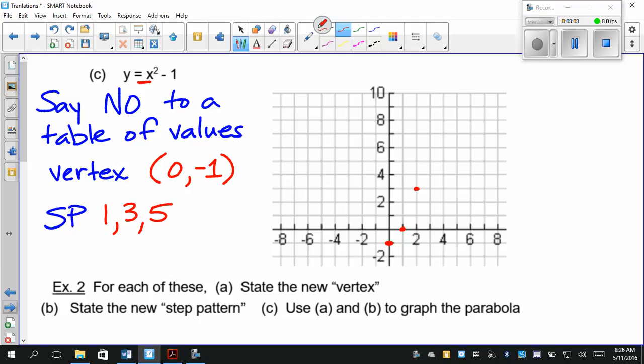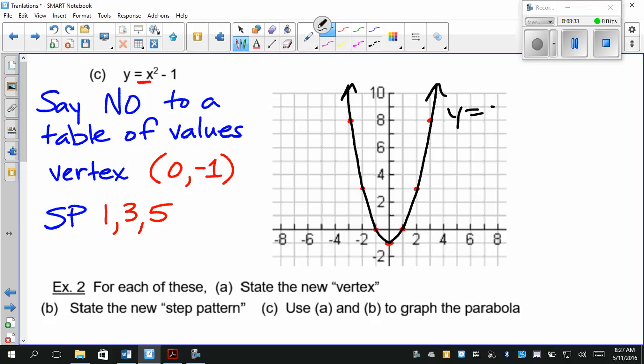All right, so we've got our points on the right-hand side there. We'll do our mirror points on the other side. And there's our parabola for y equals x squared minus 1.